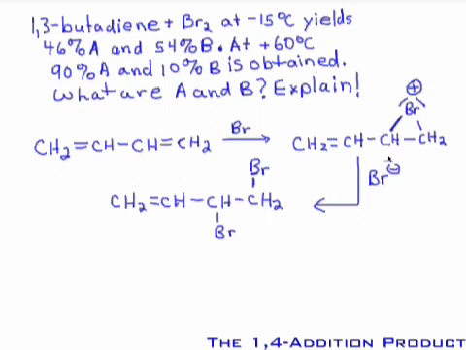We can also have the Br minus attack at this carbon, and the pi bond will shift, breaking the bromide. And we'll get the 1,4 addition product.